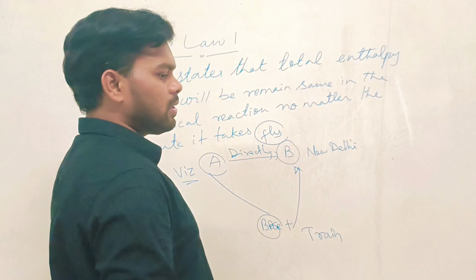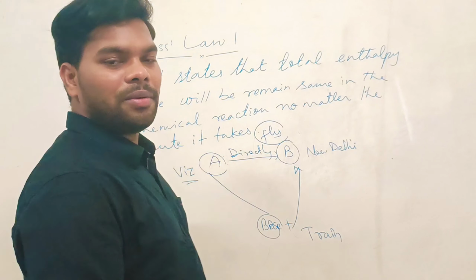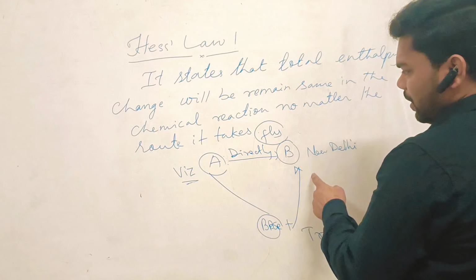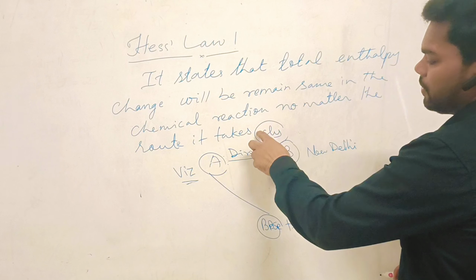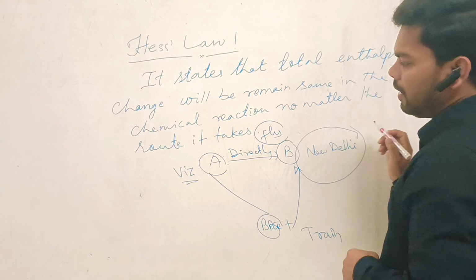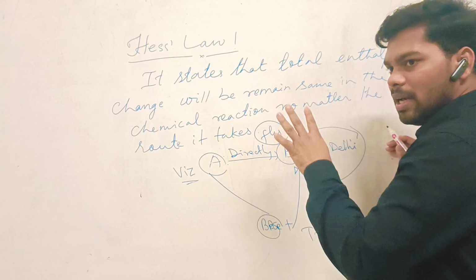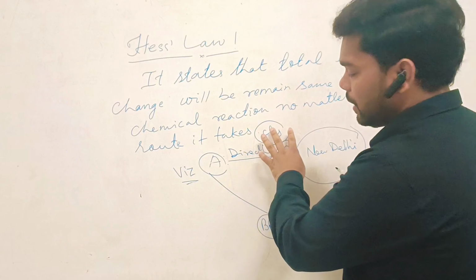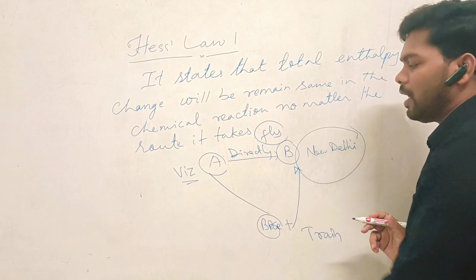So in your pocket, how many rupees do you have right now? 5,000. Whether you go this way or directly, through the flight or through the train, the destination is New Delhi and the money is also the same. In the flight also, 5,000 rupees at most they may take, yes or no, if you book the ticket in advance.